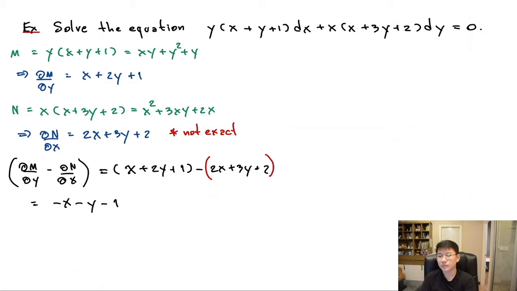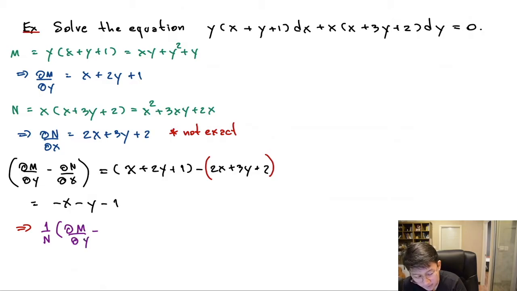Okay, so what I have is the ∂M/∂y minus the ∂N/∂x, and then I want to check the one that we usually check first, which is 1 over N times the ∂M/∂y minus the ∂N/∂x. And that is, what is it? Minus x minus y minus 1 divided by N, right?